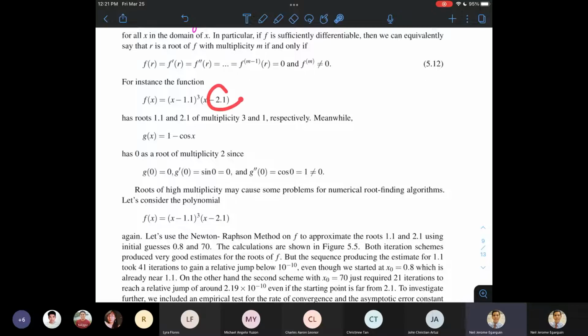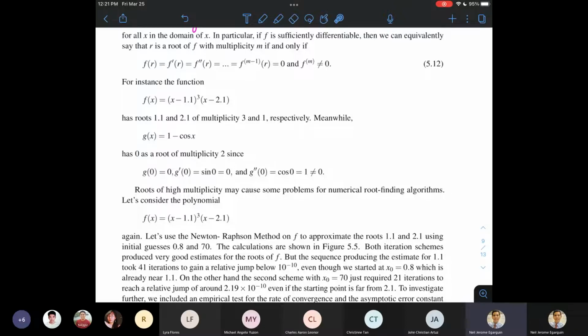On the other hand, we can say that 2.1 is a simple root. That is, it is of multiplicity 1 because once lang nag-appear as a factor si x minus 2.1. So you can directly apply definition 5.11 para ma-observe ano yung multiplicity ni 1.1 at saka ni 2.1.